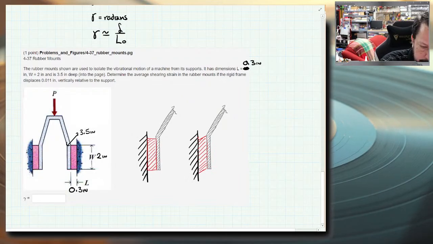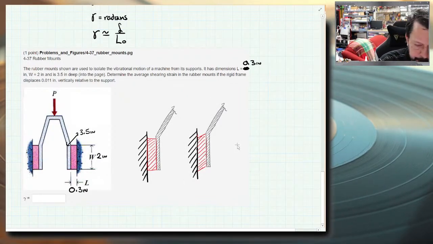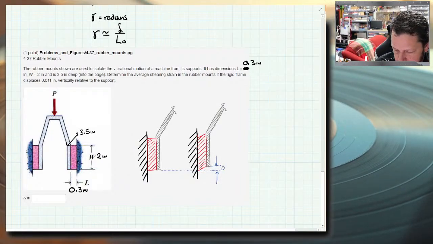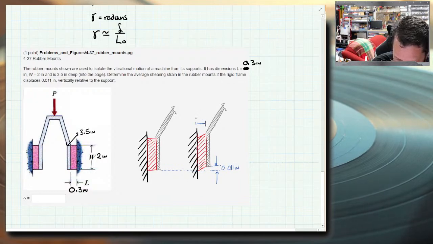And the distance from, well, hold on. Let's line it up. There, something like that. The distance from where it originally started to where it currently is, they tell us is 0.011 inches. Okay, and they also told us that this dimension is 0.3 inches.